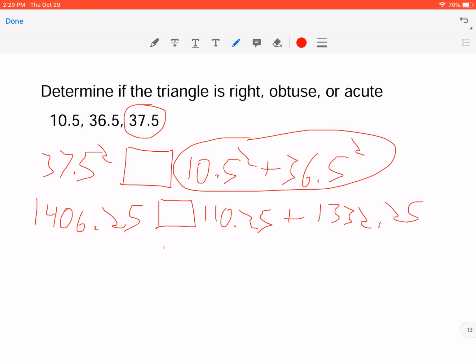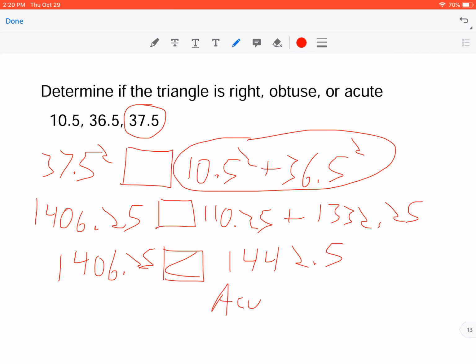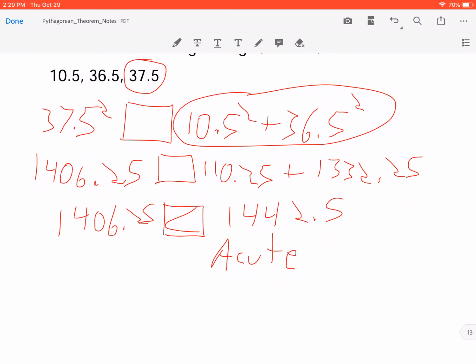Add those two together. You should get 1,442.5. So how does 1,406.25 compare to that? It's actually less than. Well, if it's less than, then it is acute. But remember, you're putting Pythagorean theorem kind of backwards. You're putting c squared first.